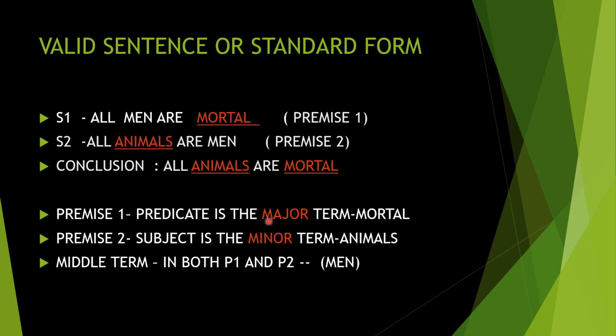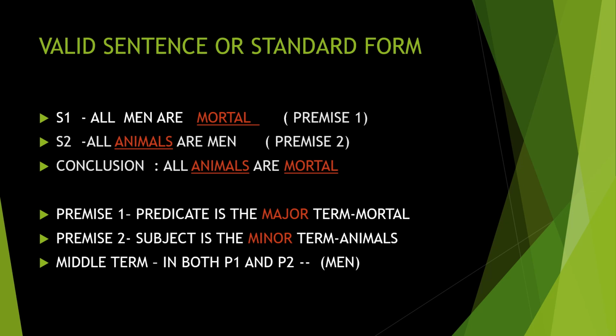The predicate is the major term: mortal is the major term, and animals, the subject of premise 2, is the minor term. And what is the middle term? The middle term is what we can see in both P1 and P2, premise 1 and premise 2. That is man. Man is the common term, and it is called the middle term. So I think now you are clear about what a valid sentence or standard form is.